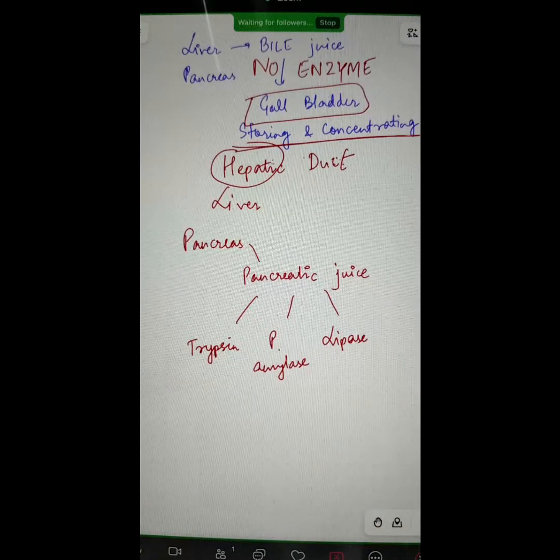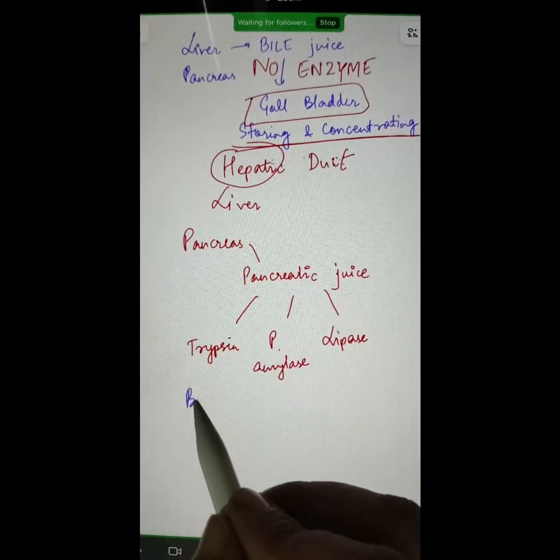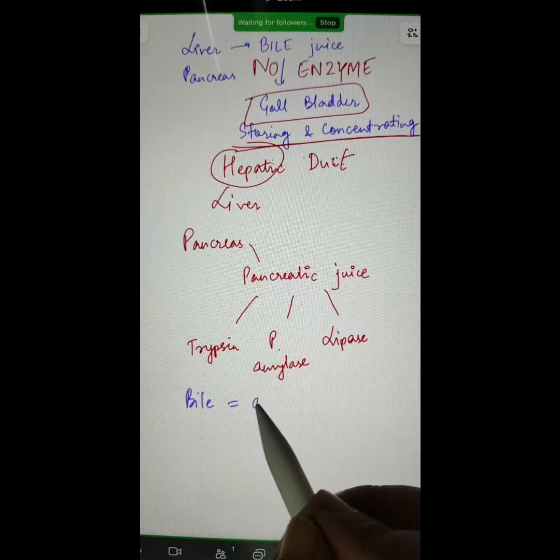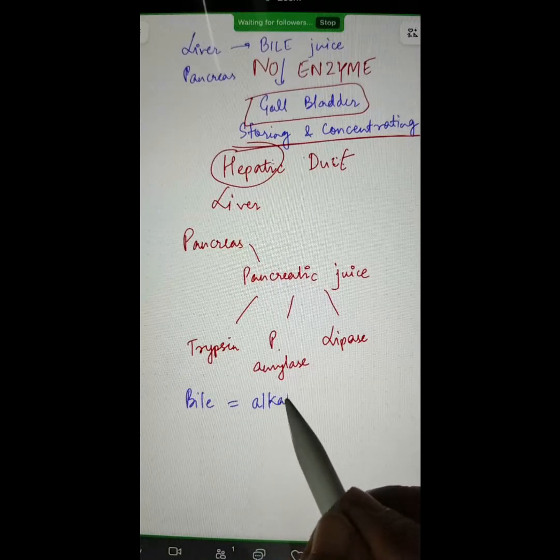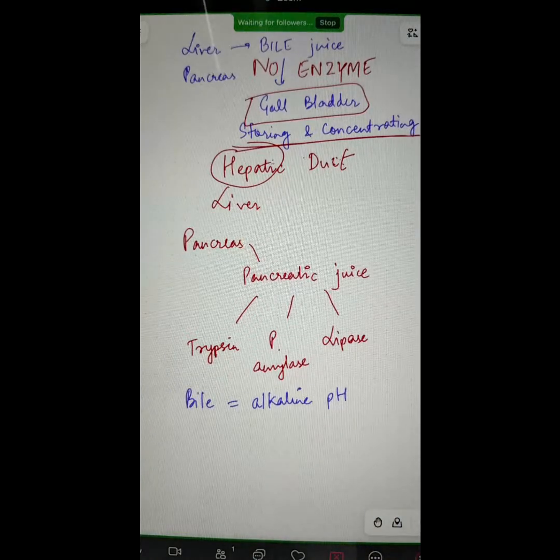Remember, as the food is reaching the small intestine, only the partial digestion of carbohydrates has taken place and partial digestion of protein has taken place. Now, this bile is going to make the pH alkaline. So, as the partially digested food reaches the small intestine, the pH is going to be alkaline, right?